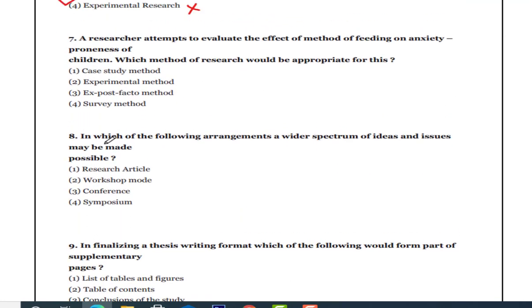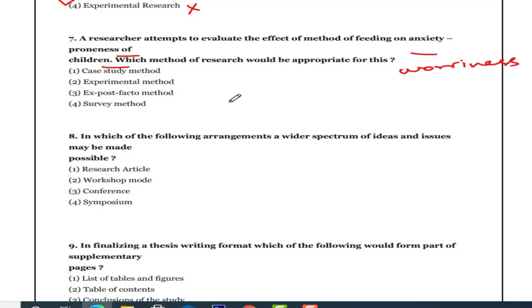The next one. A researcher attempts to evaluate the effect of method of feeding and anxiety proneness of children. Which method of research would be appropriate for this? Anxiety means worriness.